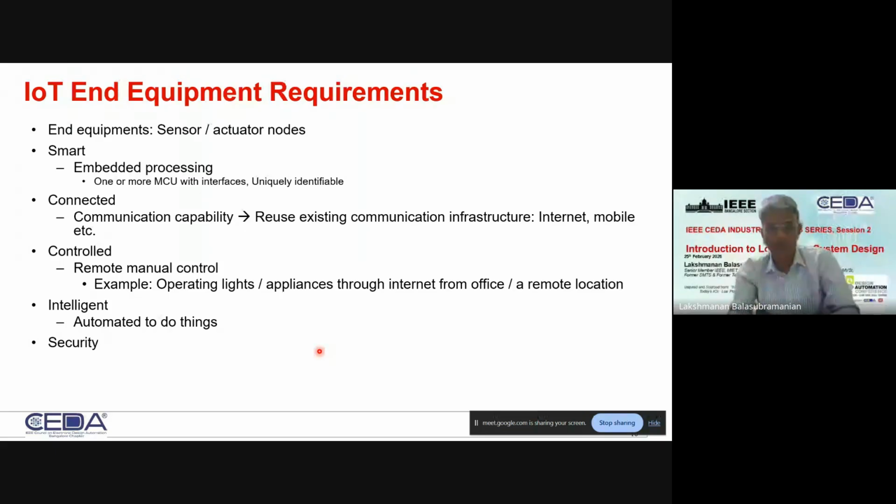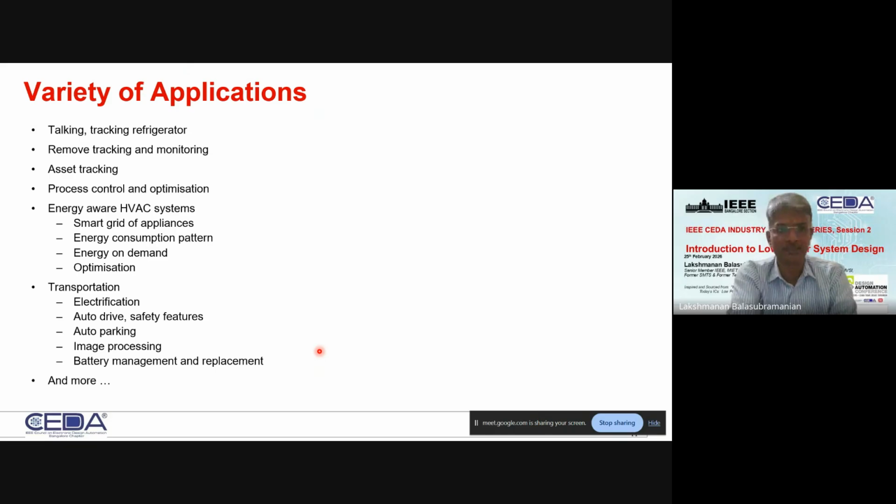These end equipments are sensor and actuator nodes, and they have to be smart with the required processing power, and they're connected, as we already talked about. The user should be able to control them as required, and they have to be intelligent so that they are automated to do things. The user doesn't have to continuously monitor them even for routine stuff. And obviously there will be security and safety aspects, which I will not get into the details of in this presentation.